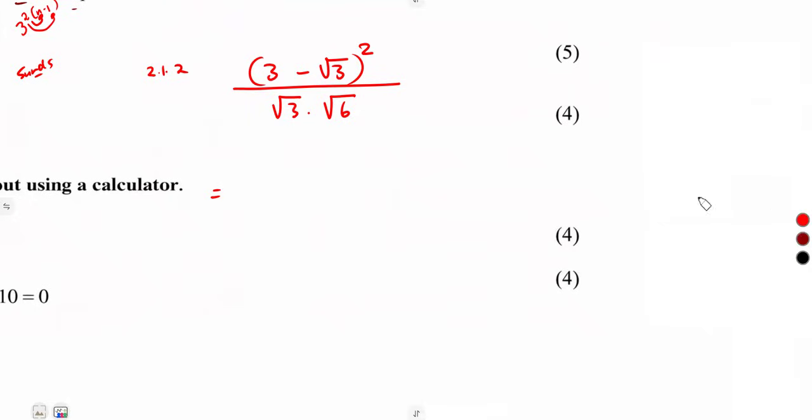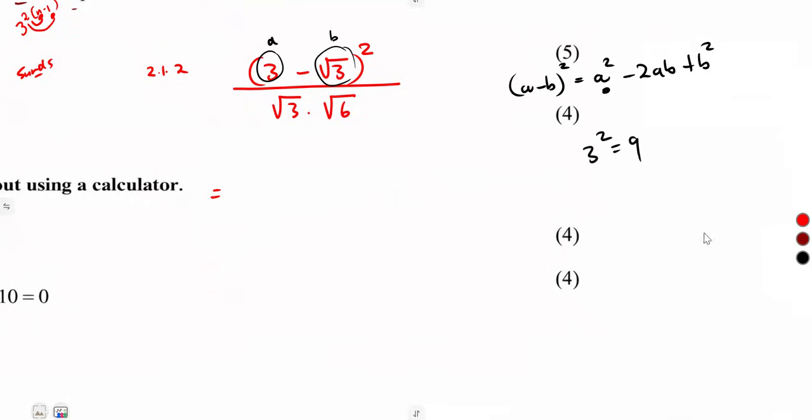Or you can use the expansion that I used before, the a minus b squared, which is equal to a squared, minus 2ab plus b squared. So our a here is 3, and our b is the square root of 3. So a squared means 3 squared, which is 9, minus 2ab, minus 2 times our a is 3, and our b is the square root of 3.